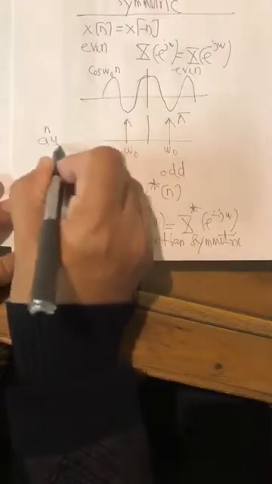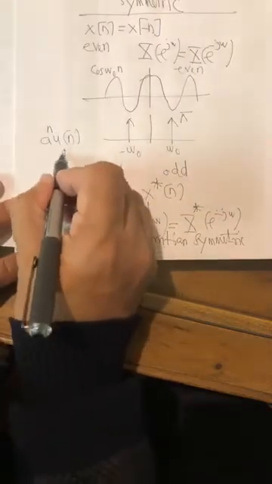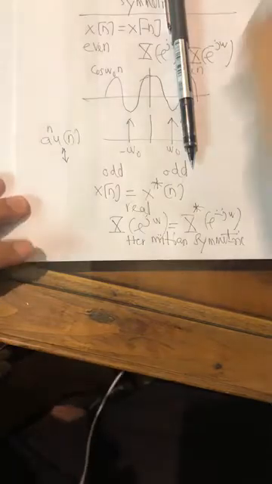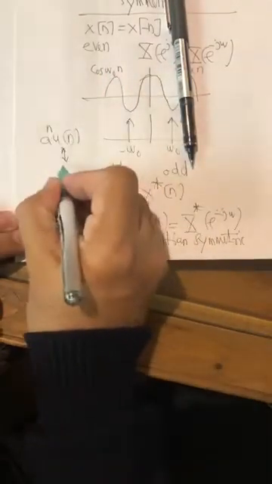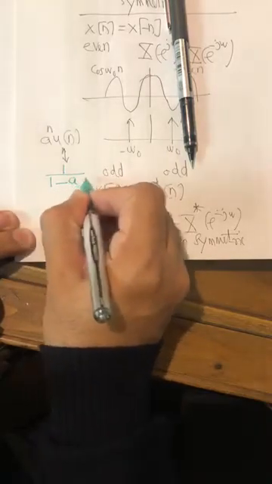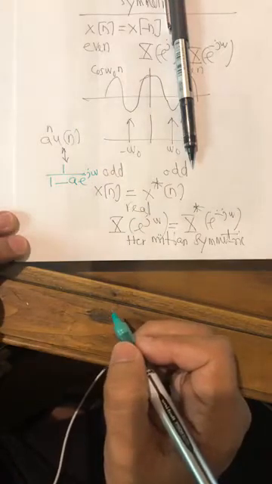Okay, it means, for example, your signal is a^n u[n], a real signal. Its Fourier transform is 1/(1 - a e^(-jω)).